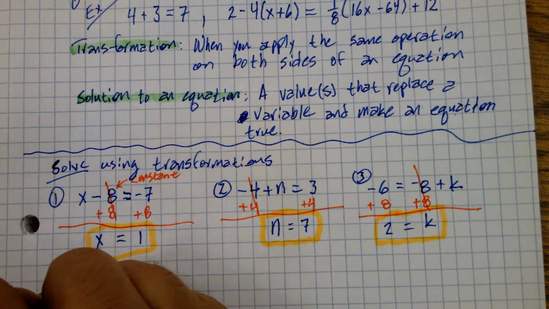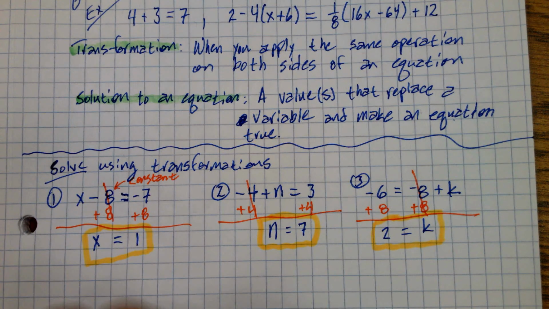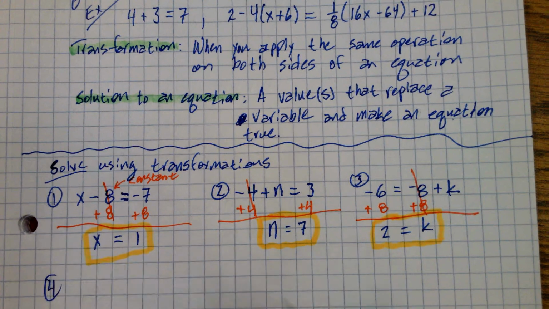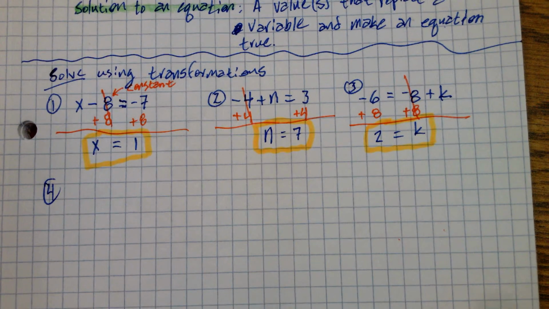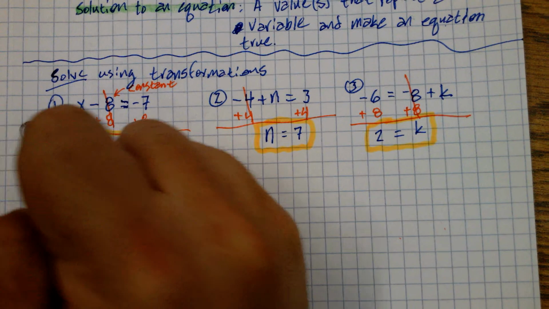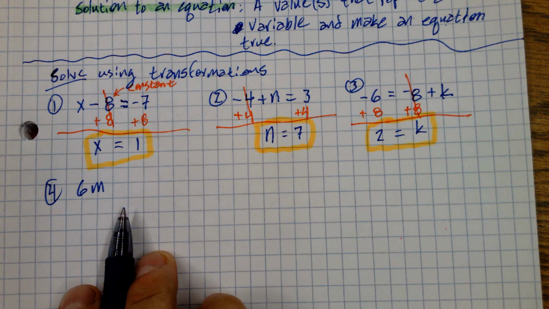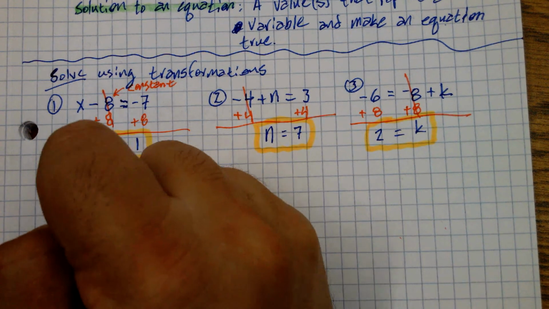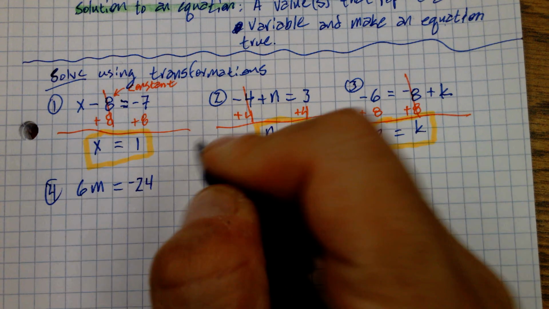1, 2, 3. Let's go for 4. I'll write 3 more here. So we have, let's do a little multiplication. 6 times m. Remember, that's how we show 6 times m equals negative 24.